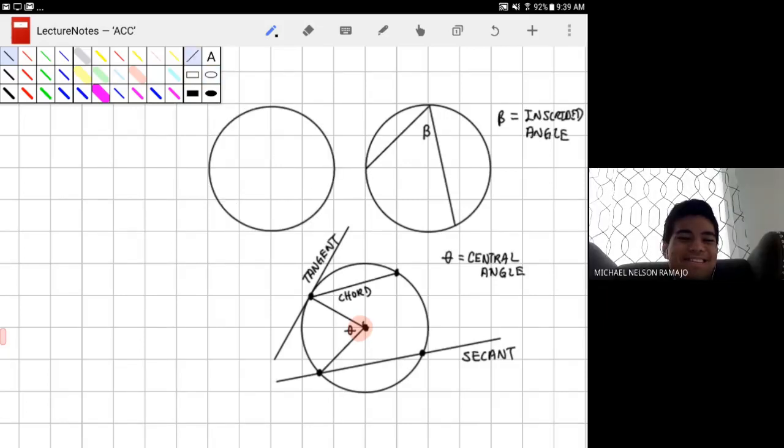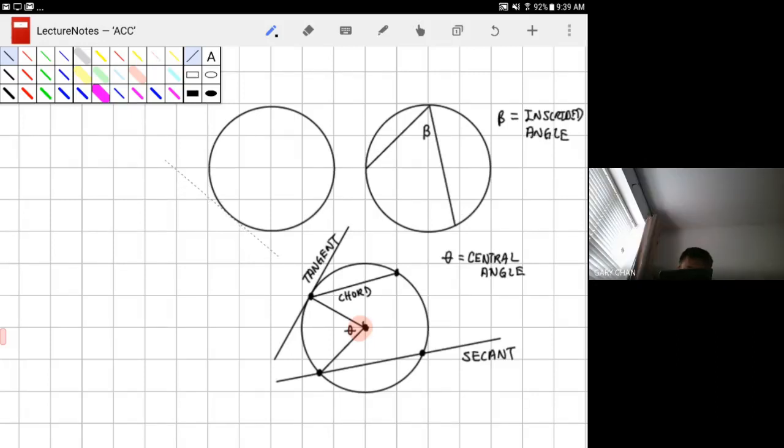Okay, this is another thing that it can do. So this guy right here is what we call an inscribed angle as well. This one, which I'm also going to call angle beta. Those are inscribed angles.